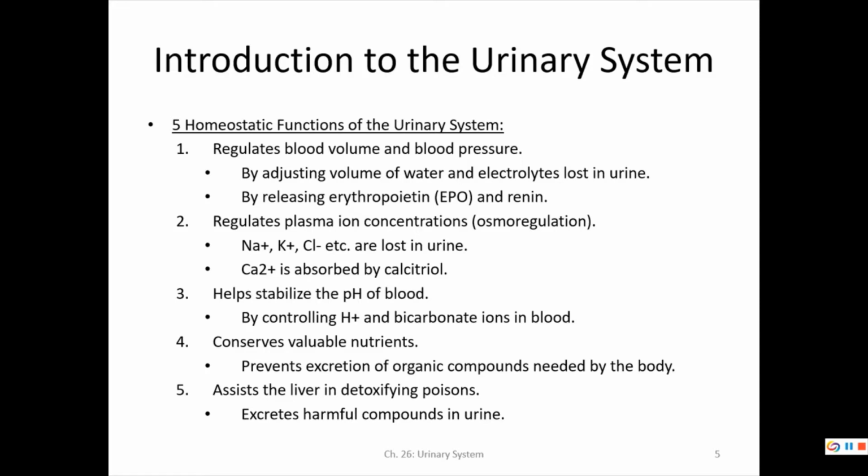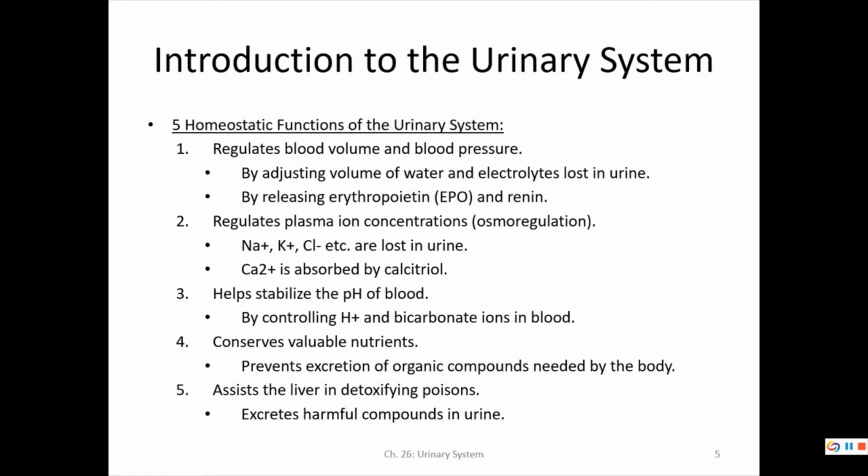And then also, for example, I gave an example where calcium cation, Ca2 plus, is absorbed using calcitriol produced by the kidneys. We can also stabilize the pH because we can control the hydrogen ion and bicarbonate ions by either releasing it into the bloodstream or peeing it out. This is hugely important, by the way, for the next chapter.